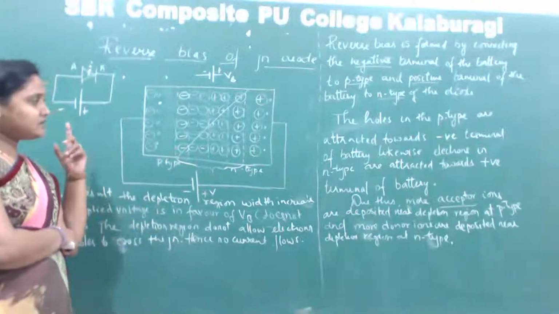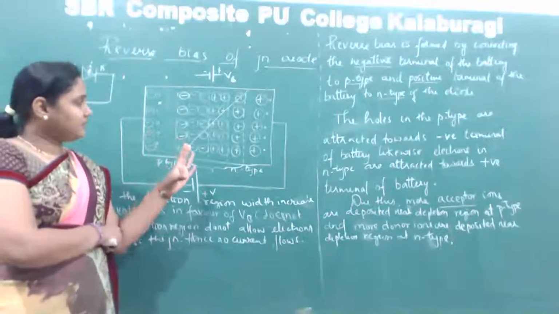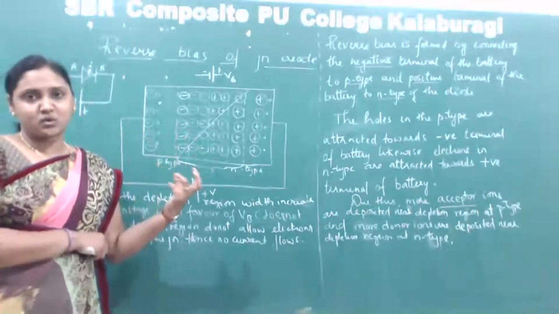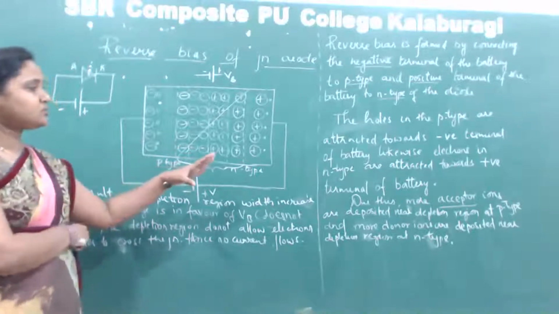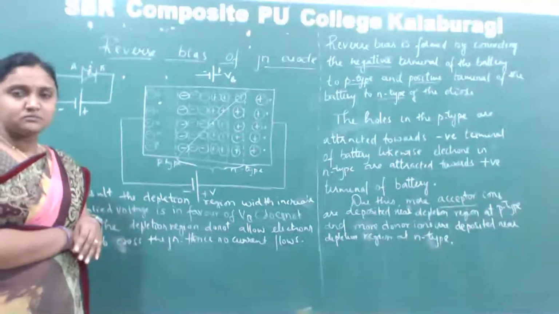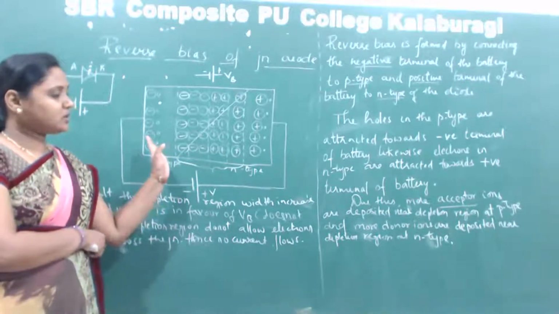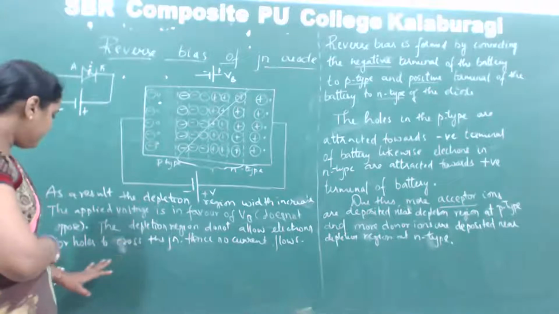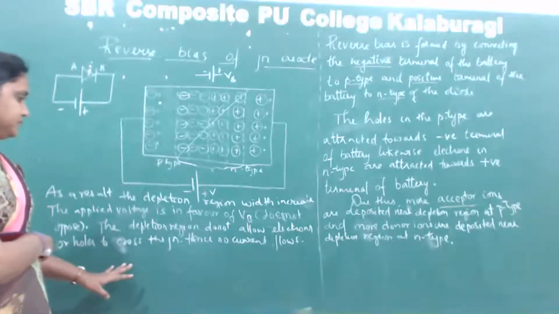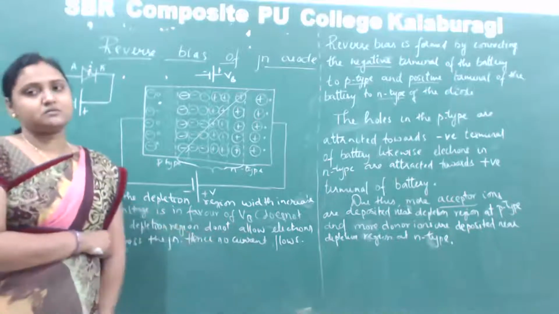As the width is increasing, definitely the VB increases; the barrier, the depletion region, has become much stronger. As a result, it will not allow any electrons or holes to cross the junction. So, as the electrons and holes do not cross the junction, there will be no conduction of current, hence no current flows.